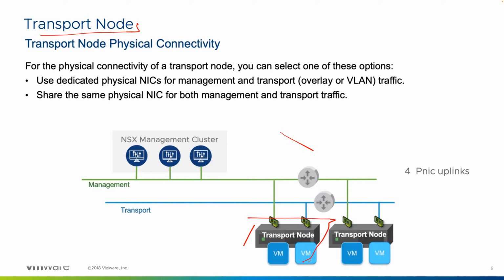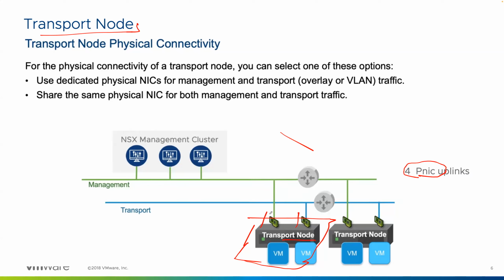For example, here is an ESXi host, also called a transport node in the NSX world. A physical server has to have some physical NIC, right? Physical NIC, PNIC.